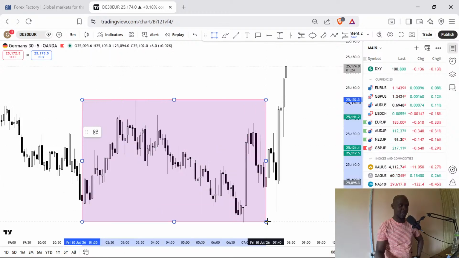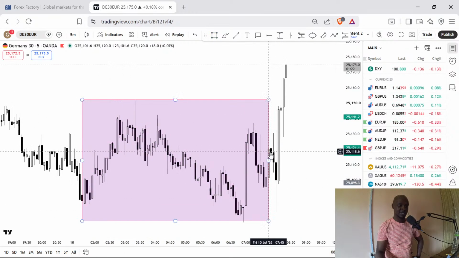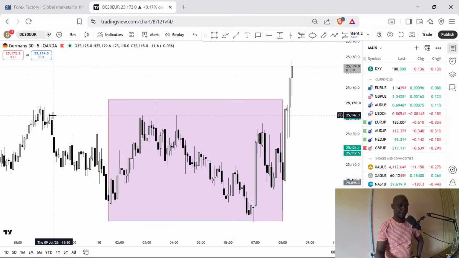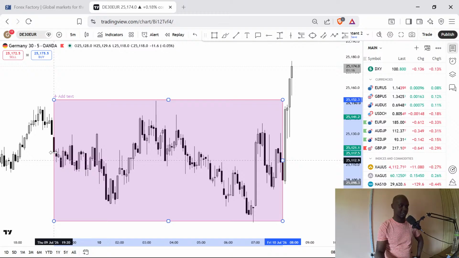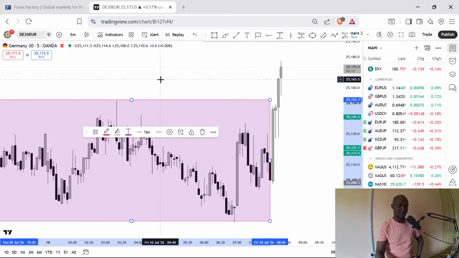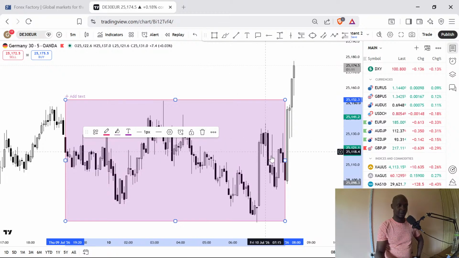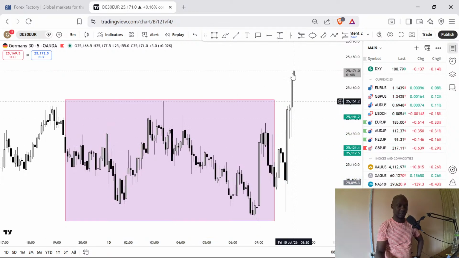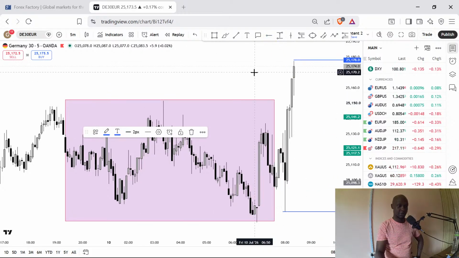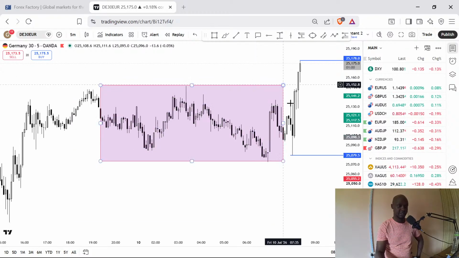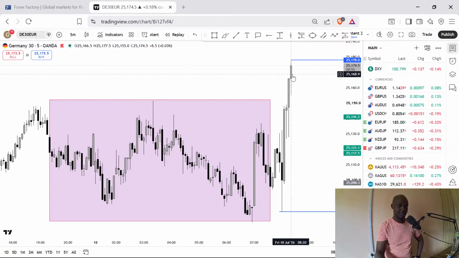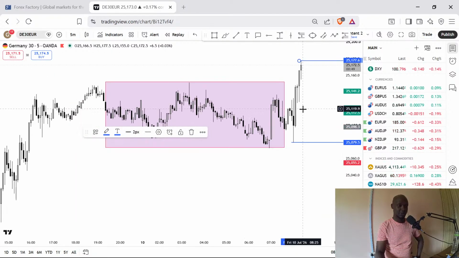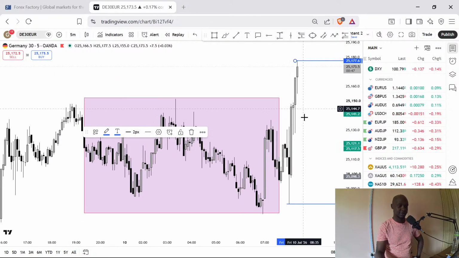Right now, since we are breaking outside of this consolidation, which actually extended even to the New York session of the previous day, this is a pair that we have to be on the lookout for in the next few minutes. We've already had the initial push, and we've got this confirmation candle. So now I'm waiting for the pullback, to see if we can take long entries.